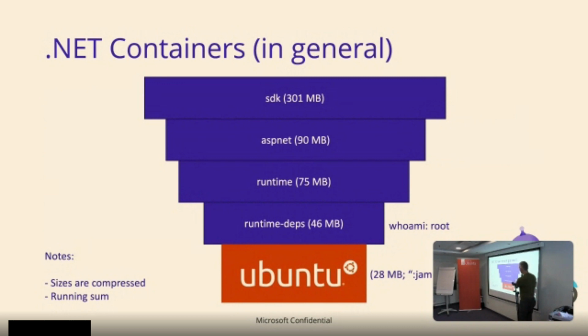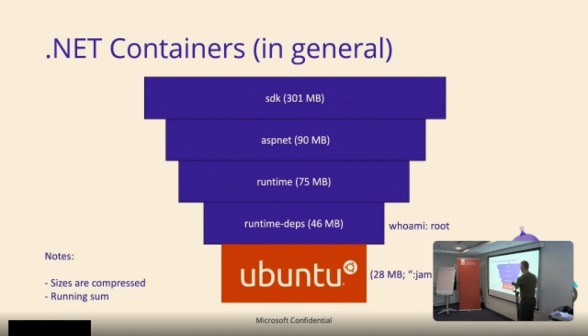The runtime-deps layer is the one that might be a little less self-explanatory. It doesn't have any .NET in it. All it has is the dependencies that our product needs above and beyond the operating system. For every operating system we support, we have this runtime-deps layer. It adds like 18 megabytes, if I'm doing the math correctly.